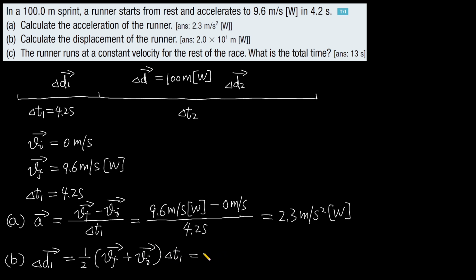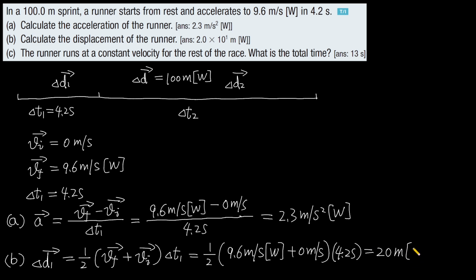And this equals 1 over 2 multiplied by 9.6 meters per second west plus 0 meters per second, multiplied by the time interval, 4.2 seconds, and this equals 20 meters west.